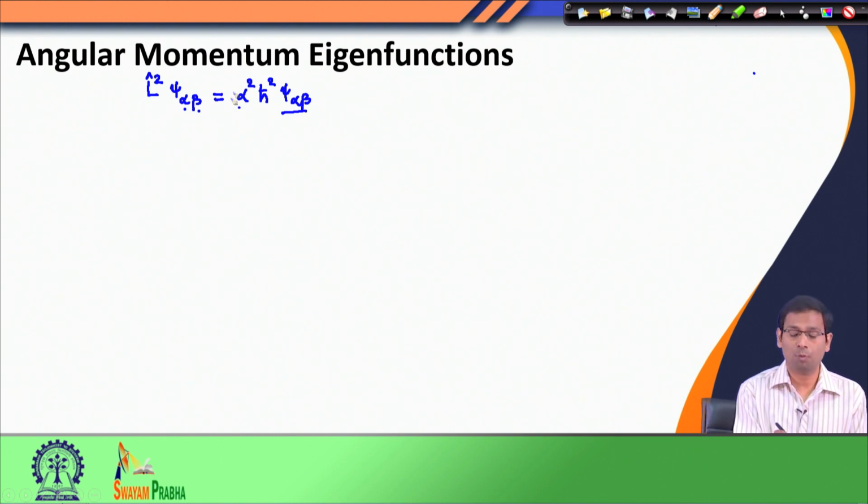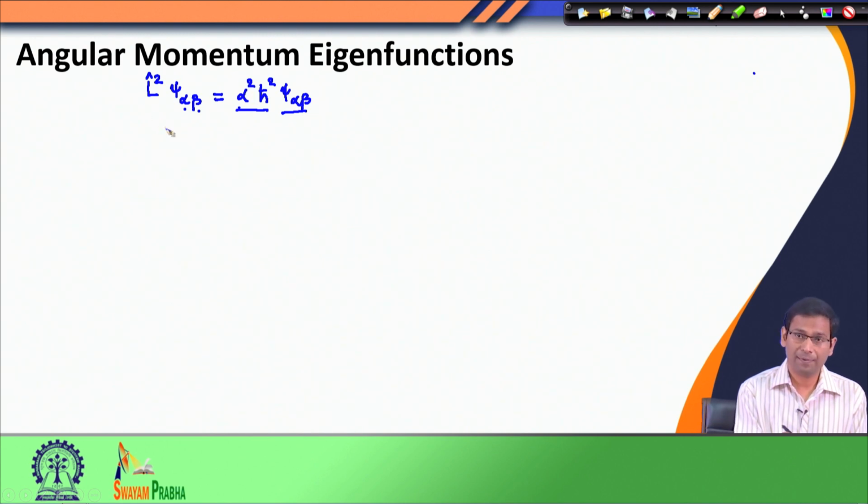You would be wondering, why did I choose this way of defining my eigenvalues? Mind you, I still do not know what alpha is, but if I look here at L square, you would see that the dimensionality of angular momentum matches with that of Planck's constant h.